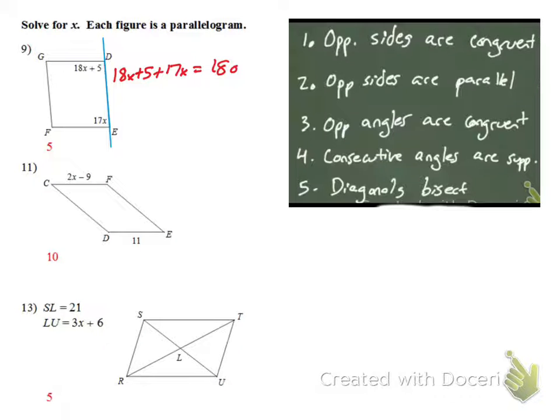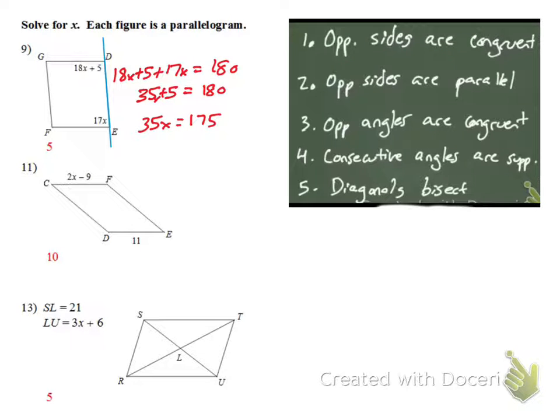So then I would combine my terms. 18 plus 17 is going to be 35x plus 5 is equal to 180 minus the 5. That would give me 35x is equal to 175.